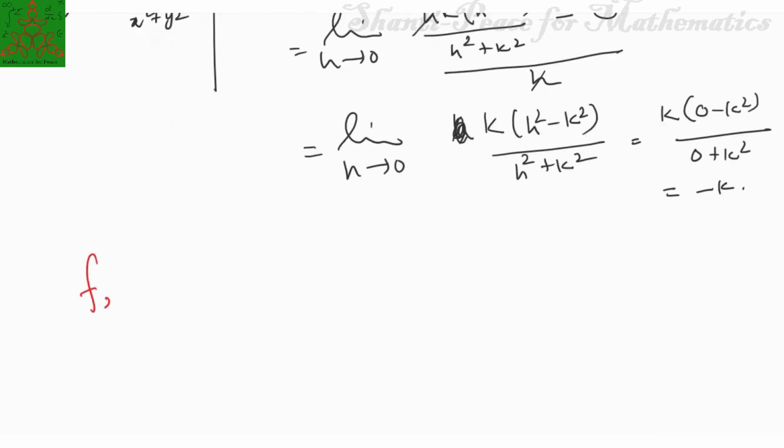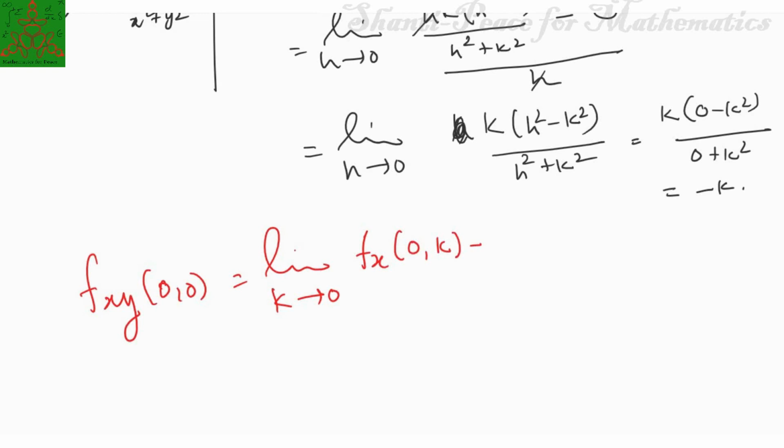Finally, what is f_xy at (0,0)? As per the definition, it is the limit as k tends to 0 of [f_x(0,k) - f_x(0,0)]/k.